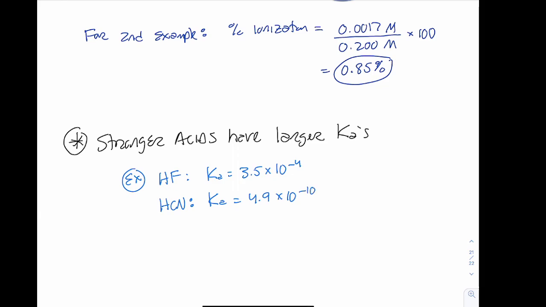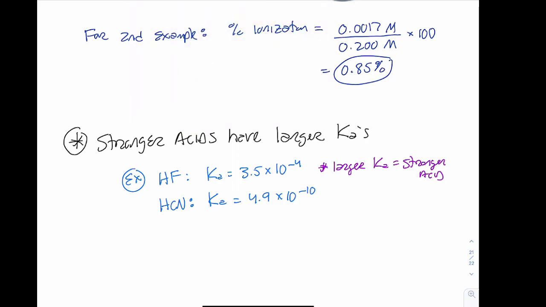So just based on those two values, we know that hydrofluoric acid is a much stronger acid than hydrocyanic acid, right? This is a larger Ka, larger value. So this is going to be my stronger acid. Both are weak acids, right? Both have equilibrium constants. I wouldn't be writing down equilibrium constants if they weren't weak, but hydrofluoric acid is going to ionize more than hydrocyanic acid is.